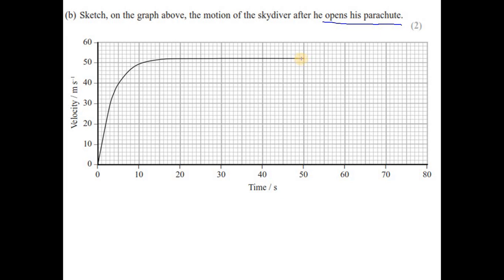That causes the velocity to decrease to some new value, and then after this it keeps falling again with some constant velocity. So make sure that you draw this horizontal line. It should be horizontal. This is called the second terminal velocity.